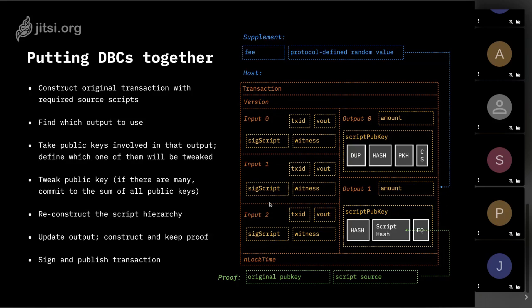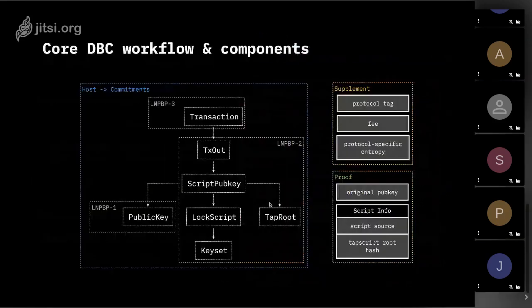So basically, that's why we ended up with tweaking the output that is already defined by the fee, and not trying to adjust the fee to change the output number we are committing to. Then, once we've done that, we do the actual commitment. We run through the whole hierarchy of the deterministic Bitcoin commitment stack, and then we update this particular output, and we have a transaction with the commitment which we can sign or publish.